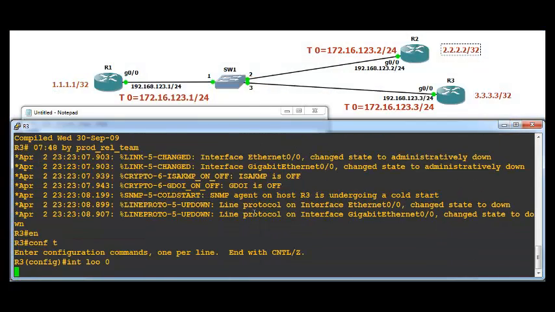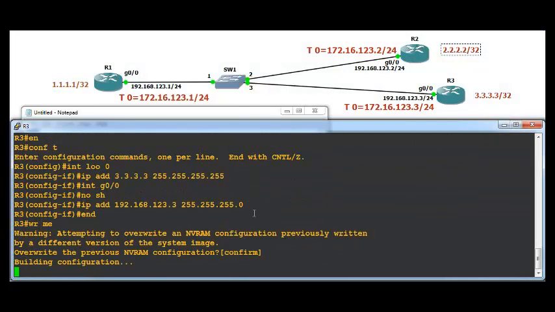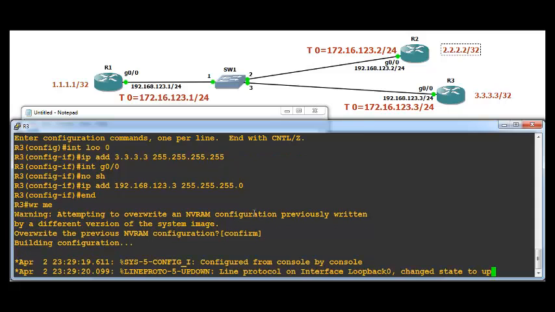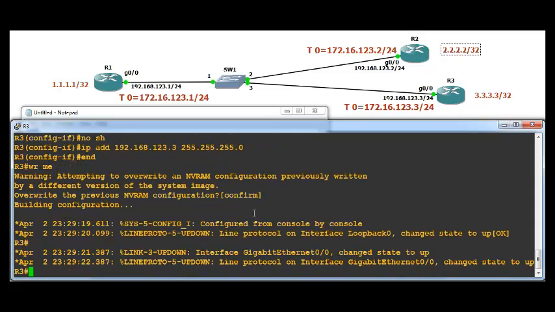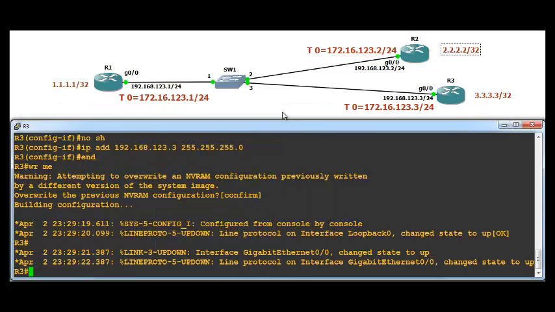Here we go. Done. So next, when this configuration is done, we are ready to go with our tunnel configuration, the GRE multipoint. I'll explain every command and the need for those commands.